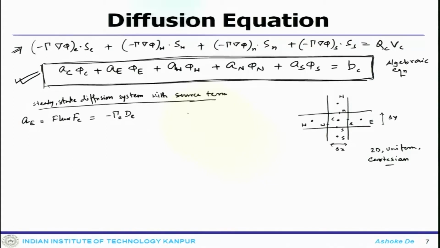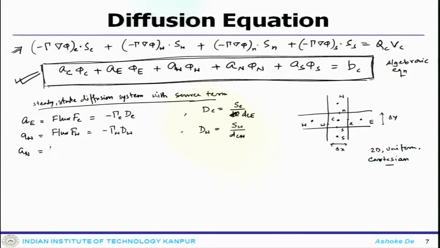D E is A C by d C E. Similarly, you have A W, which is flux F W, minus gamma W D W, and D W is S W by the distance C W.